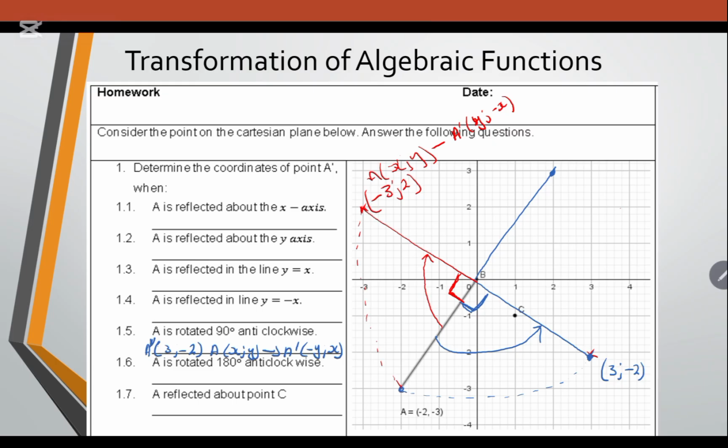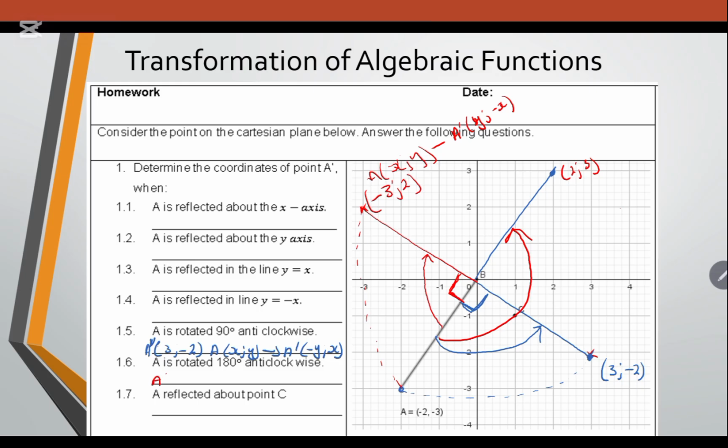Now, let us look at question 1.6. The point A is rotated 180 degrees anti-clockwise. Now, 180 degrees anti-clockwise, so this is the rotation about the origin. Now the coordinates were -2 and -3. Now the coordinates are 2 and 3. So basically the coordinates remain the same, but they both change the sign.